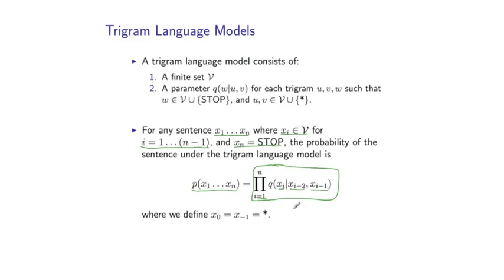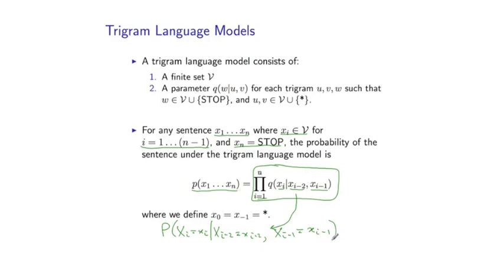I'll illustrate this in a second with an example, but basically these parameters correspond directly to the probability that Xi is equal to xi given Xi-2 is equal to xi-2 and Xi-1 is equal to xi-1. So this is basically just a rewrite of the second-order Markov process I showed you in the previous section.